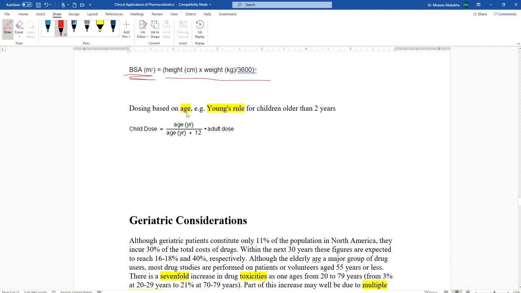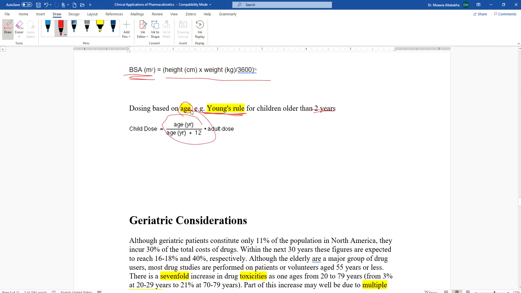The third approach is to take age, and this is Young's rule. The equation that allows you to calculate the dose takes the age of the child, which in this case has to be older than 2, divided by the child's age plus 12.